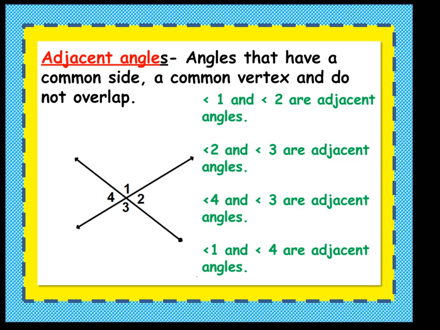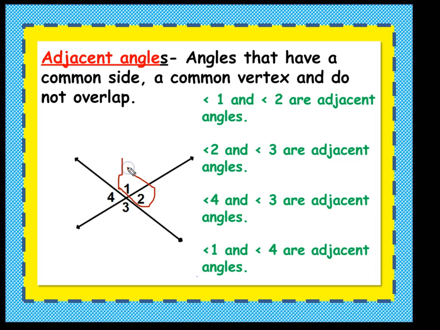Adjacent angles. Angles that have a common side, a common vertex, and do not overlap. So as you can see, this list right here lists all of the adjacent angles. So they have to share a common side, or as I like to say, they are just next to each other.